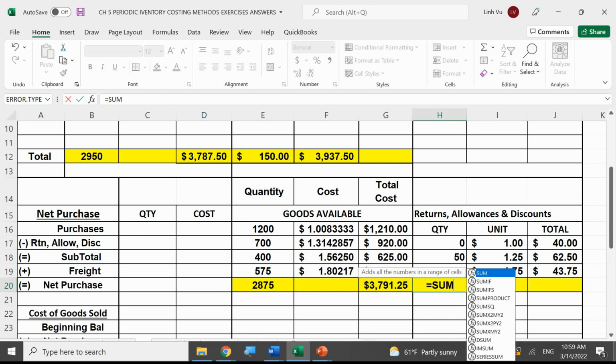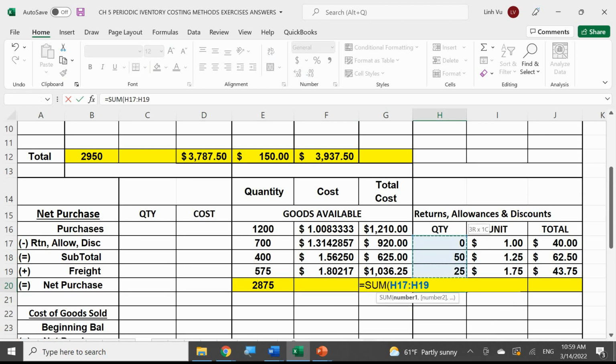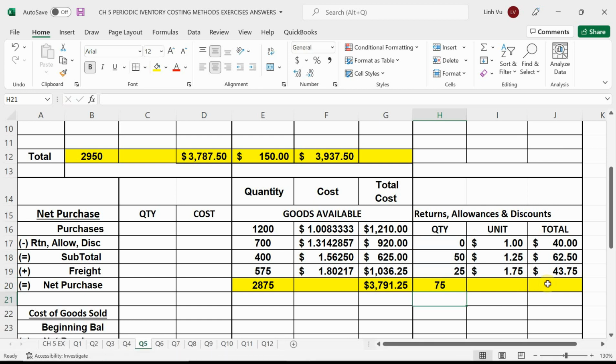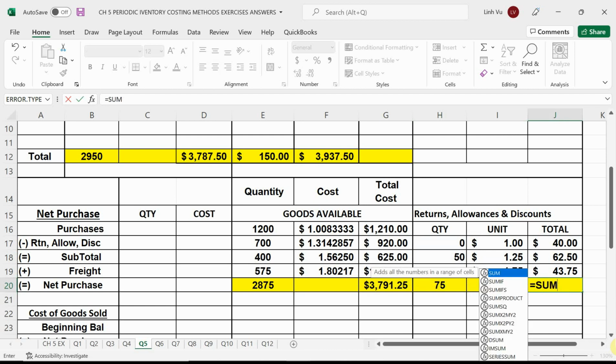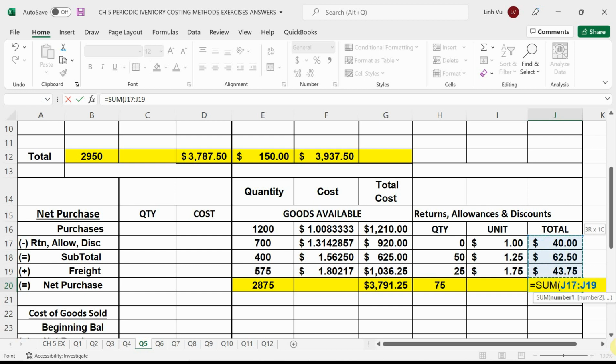What was the total amount of refunds? How many items did I refund? You refunded 75 items, at a total refund of good, $146.25. Good.